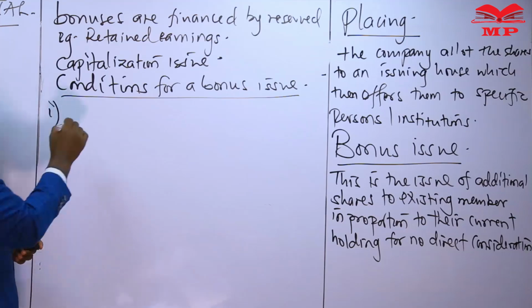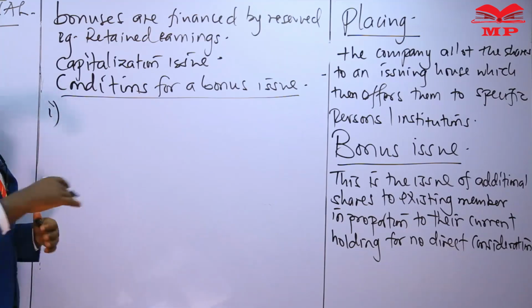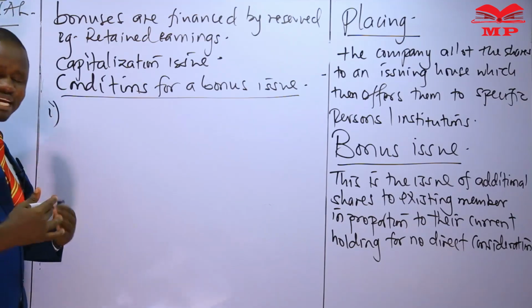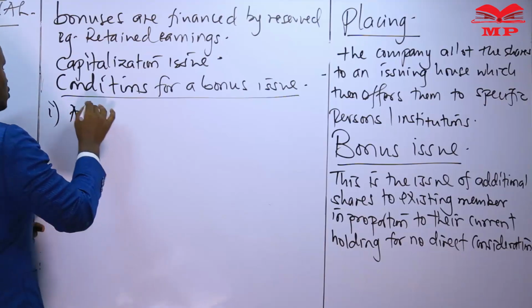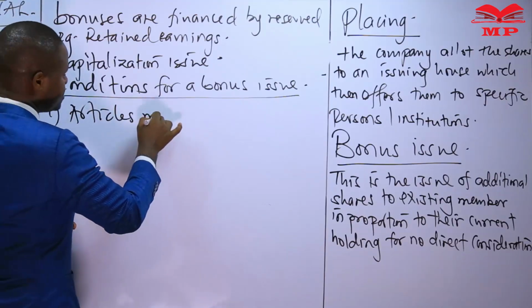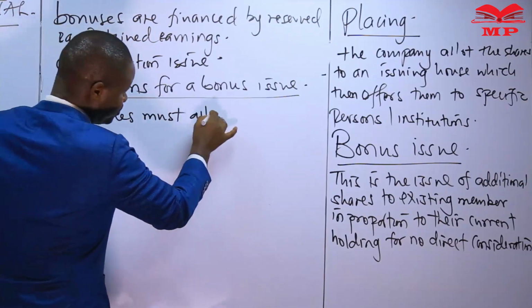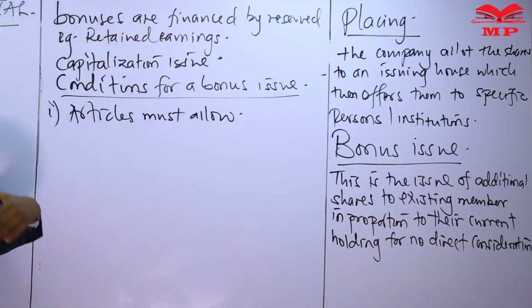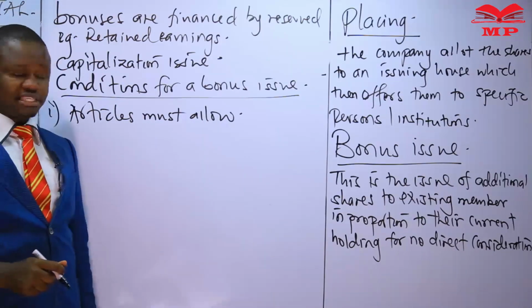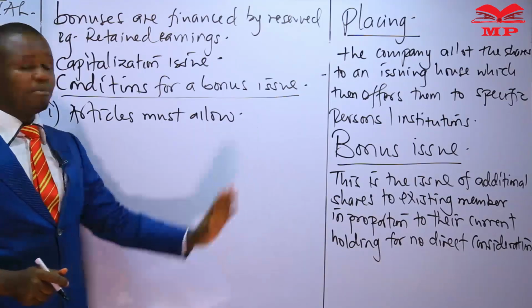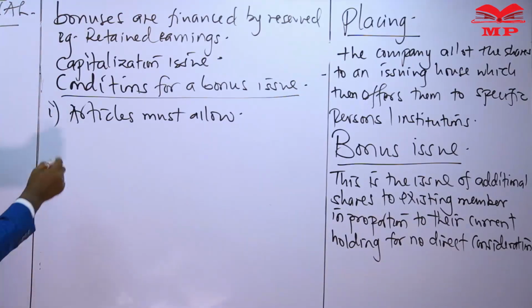One of those conditions is that it must be allowed by the articles. We must get the permission of the articles. So if the articles of our company do not anticipate a bonus issue being executed by the company, then the bonus cannot be issued.